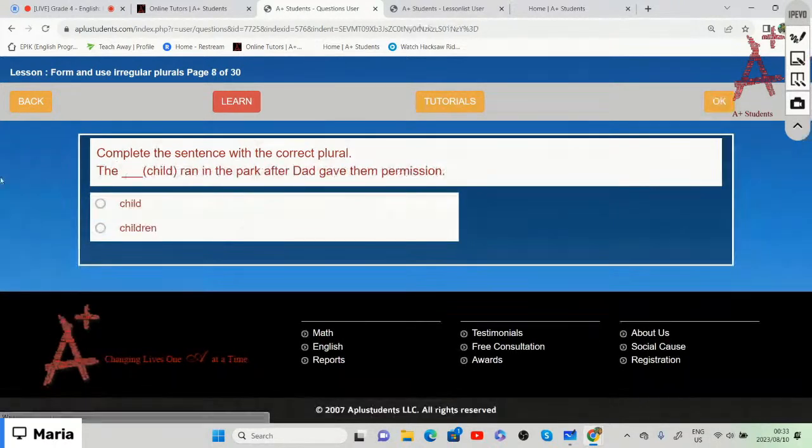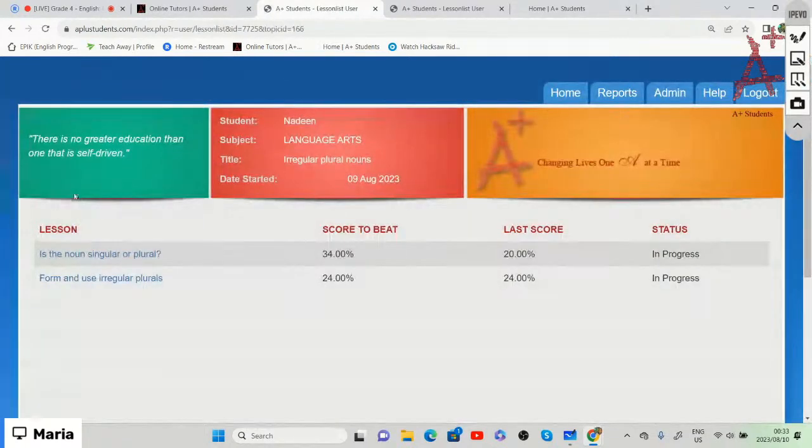There we have it. All right, so far that is our lesson on is the noun singular or plural, and where we have to form and use irregular plurals, right?